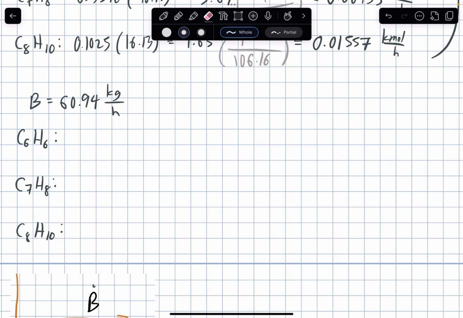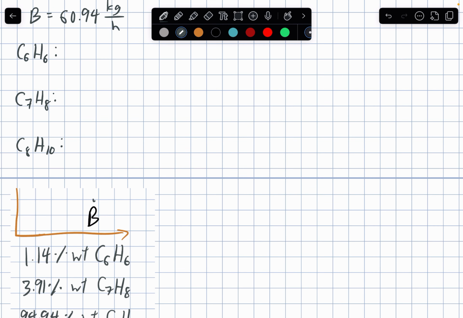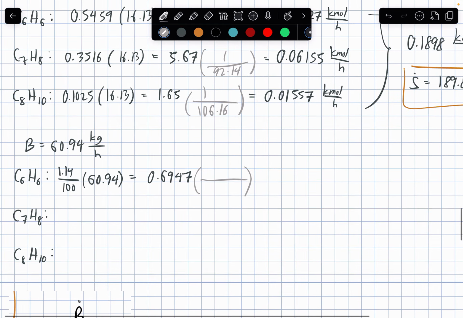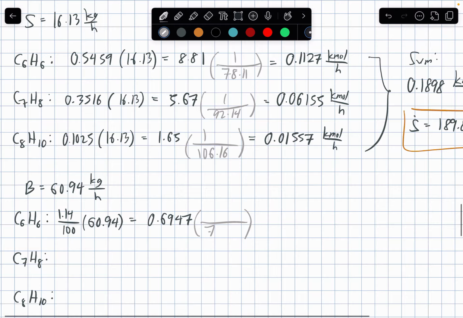Okay. Here, mass fraction is 1.14 over 100 times B. And then divide by the molar mass, 78.11.